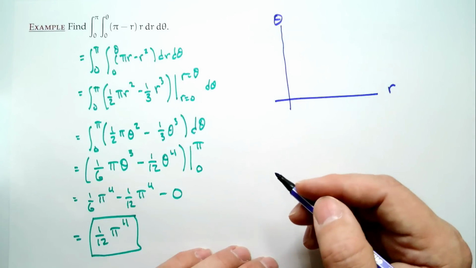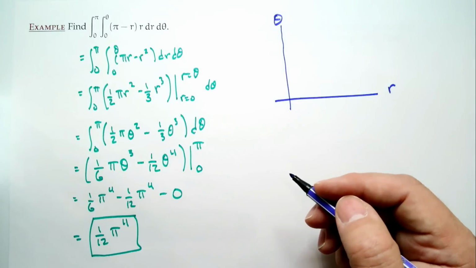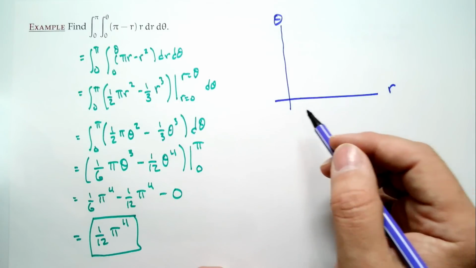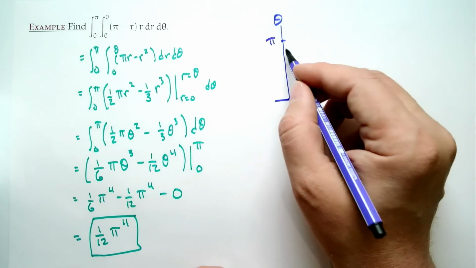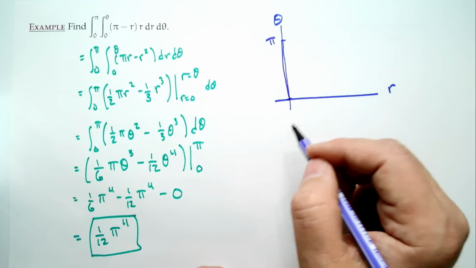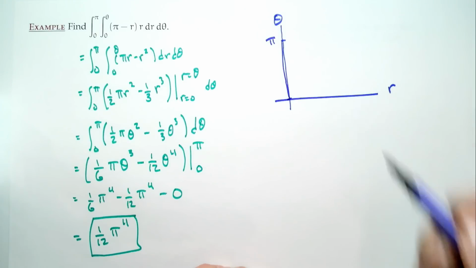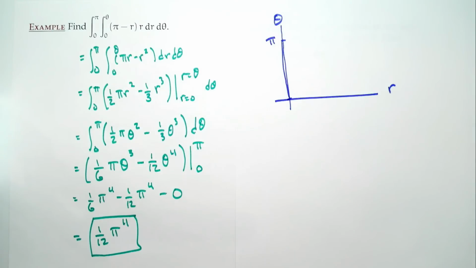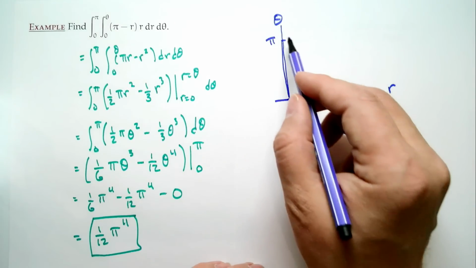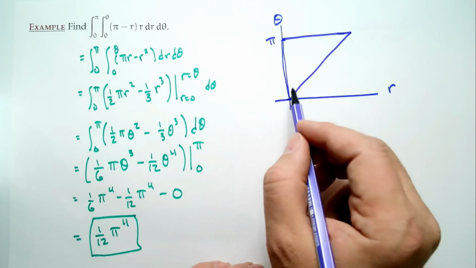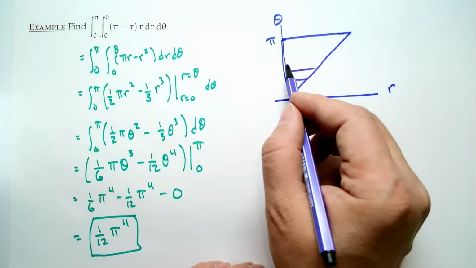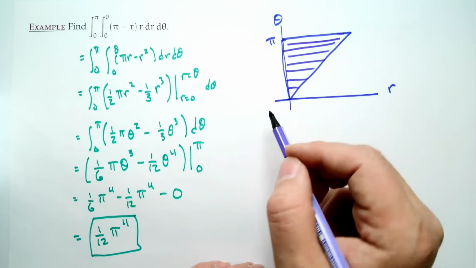Theta goes from 0 to pi, and r goes from 0 to theta, which means it would be a triangle here, with r going from 0 out to the value theta.